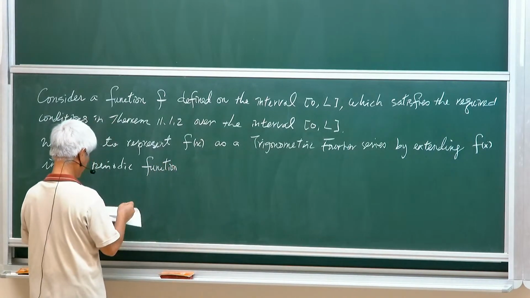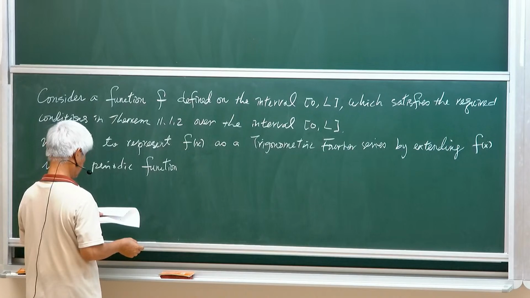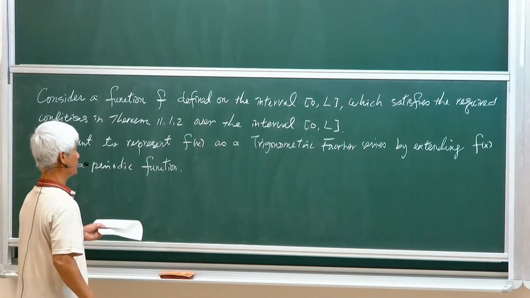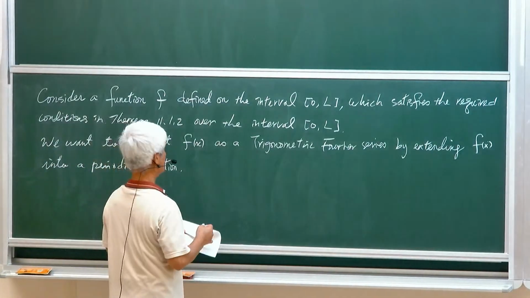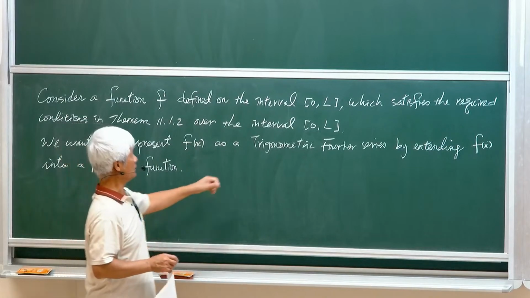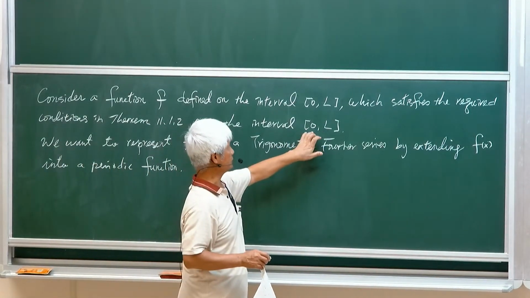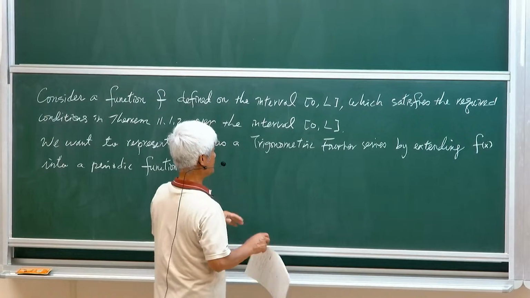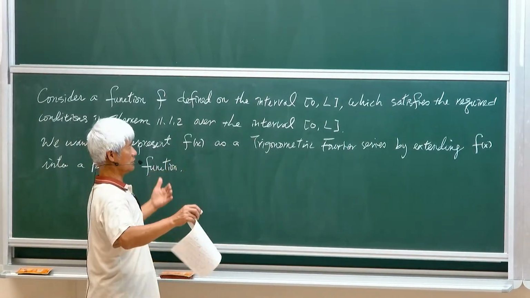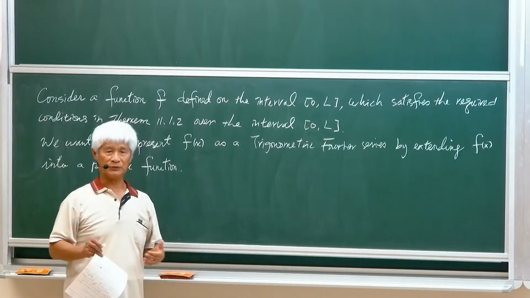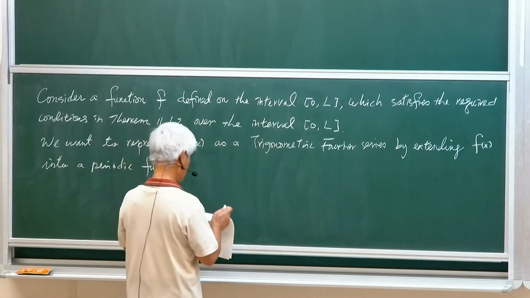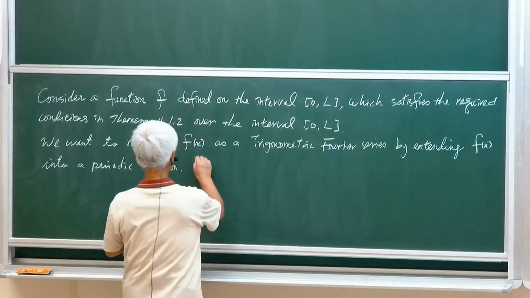So we want to extend f of x because it's defined only on a finite closed interval from 0 to L, but we want to extend this function to a periodic function which is defined on the whole real line. Okay.